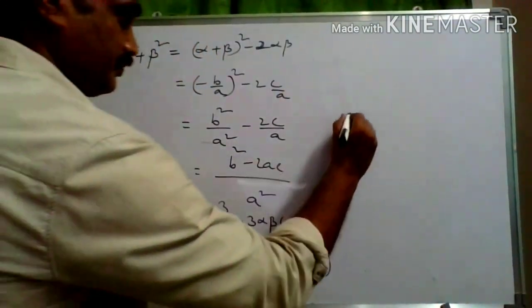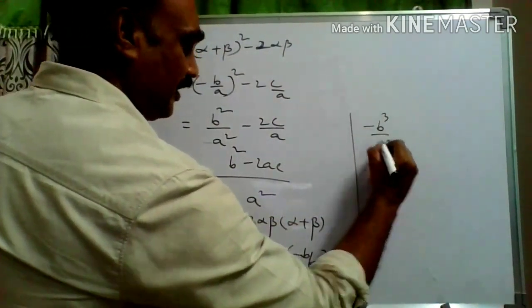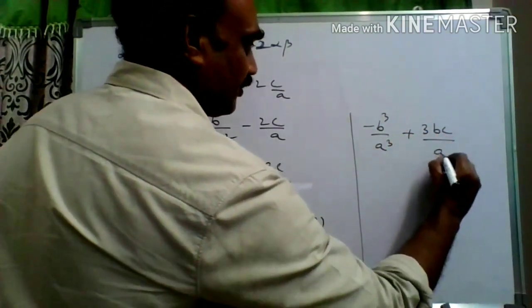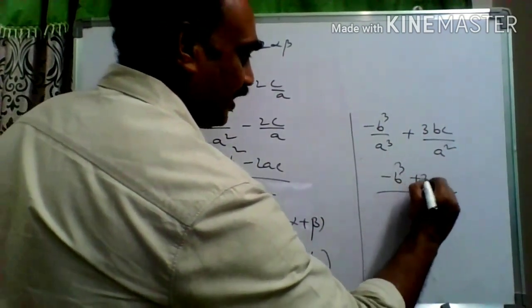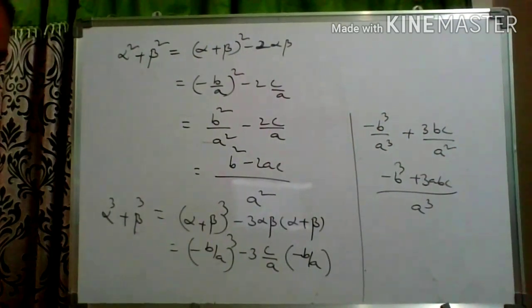That is equal to minus b cube by a cube plus 3bc by a square. So LCM is a cube: minus b cube plus 3abc. This is alpha cube plus beta cube.